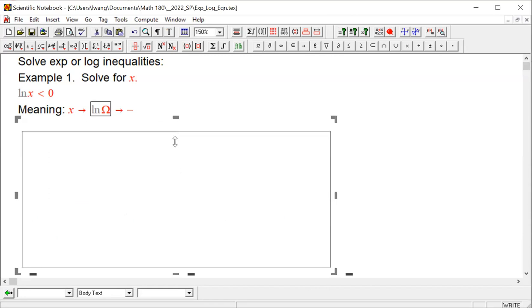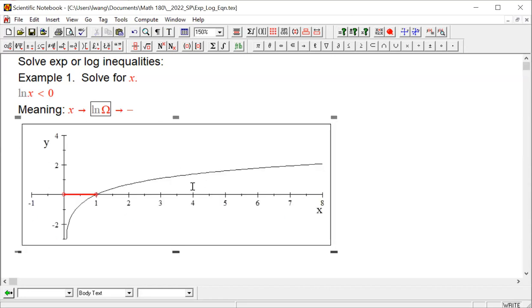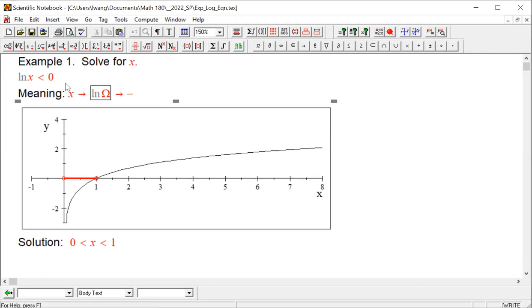Then how about algebraically? Well, algebraically, I will give you an algebraic perspective. So now let's finish with the graph. The solution would be from 0 to 1 exclusive.